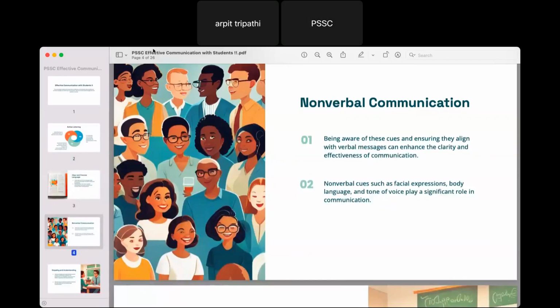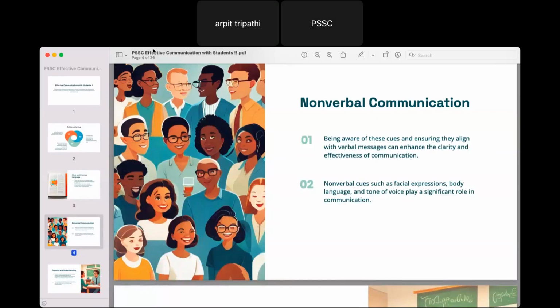So yes, we were talking about non-verbal communication, and we discussed its importance. Non-verbal communication is essential for teachers because it helps build connection and rapport. It enhances clarity and also monitors students' engagement.